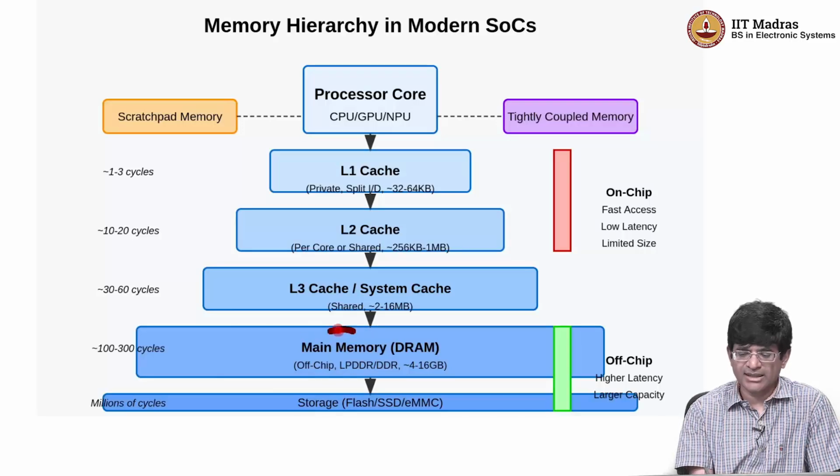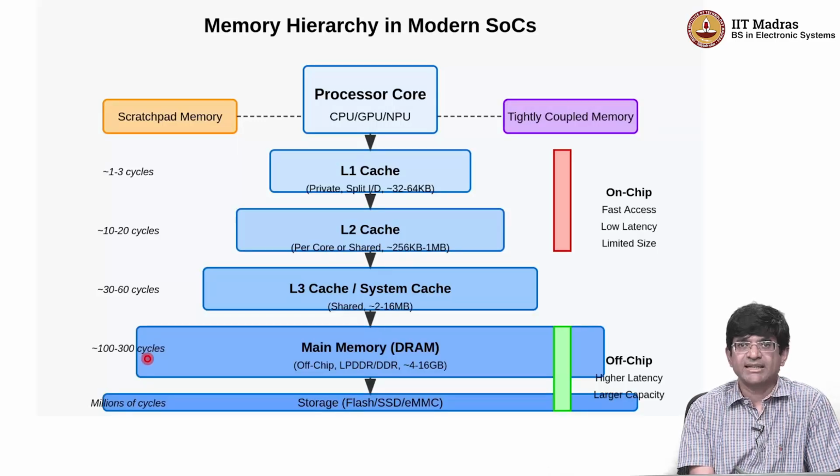The idea is that the main memory, which is typically external DRAM, dynamic RAM, which could be large, in the several gigabytes range, tends to be hundreds to thousands of cycles. 300 is just a number that I have put over here, it could easily be thousands of cycles as well.